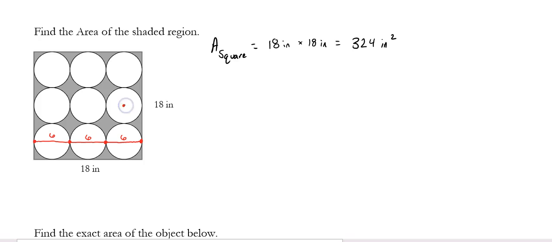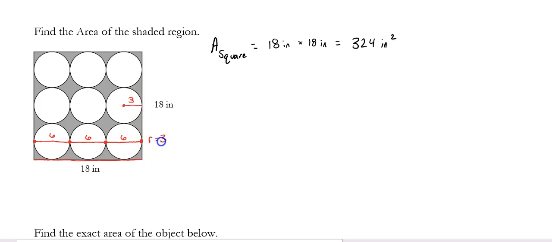If each circle has a diameter of 6, each circle has a radius of 3. So kind of going through that chain of thought again. Side length is 18, so through all 3 circles is 18. The 3 circles are congruent, so each circle has a diameter of 6, which means the radius is 3.